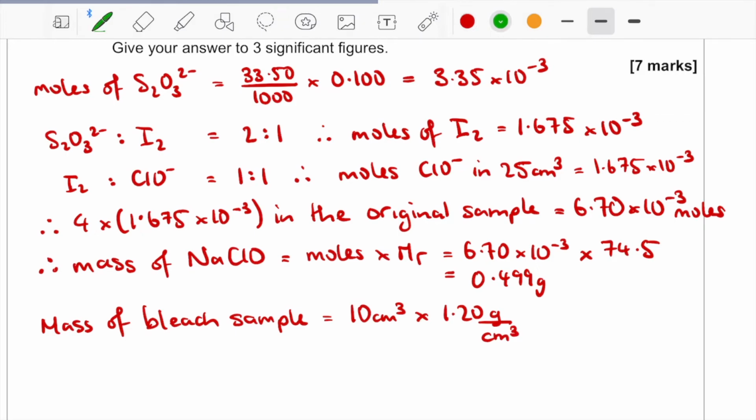You can see that they cancel out, so we get a mass. If you're ever unsure what to do with density, look at the units, see how they cancel out to get what you want. So that's 12 grams.